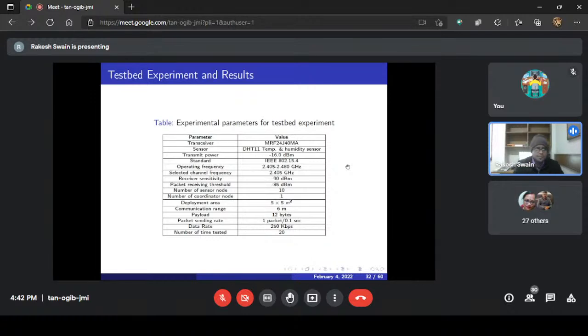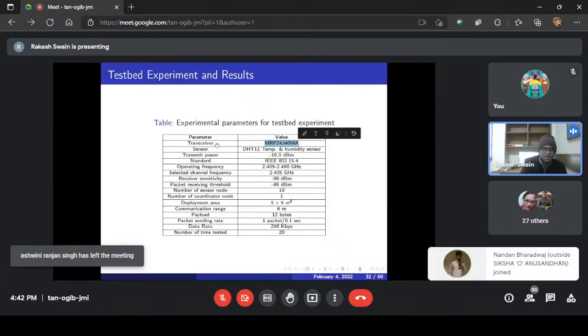And then we go to the test bed experiment. In the test bed experiment, the sensor node I have taken is the DST1 temperature and humidity sensor. The transceiver I have taken is the MRF24J40MA, which has a transmission range of 120 meters in the indoor environment and 200 meters in the outdoor environment.